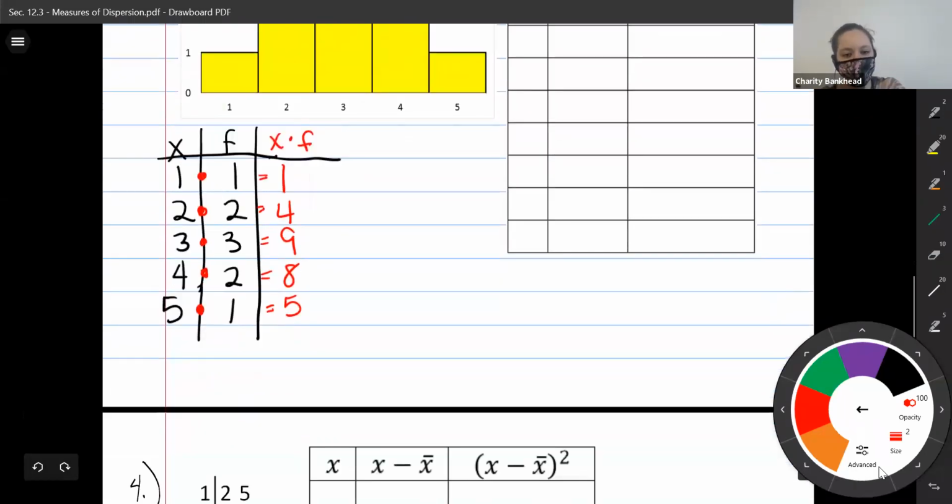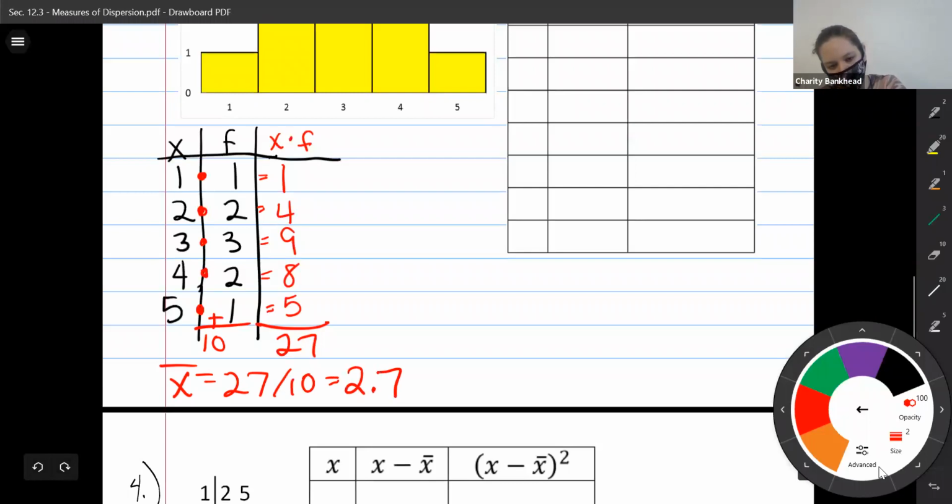And then we can add those up. So that'd be 14 to 16, that'd be 27. Add those up. That's going to be 10. Yeah, 10. So the mean is 27 divided by 10, which equals 2.7.